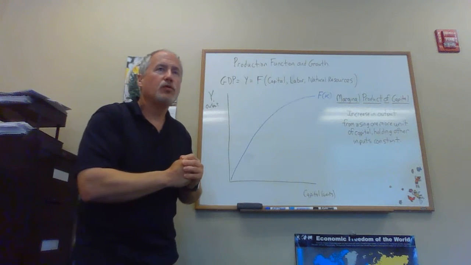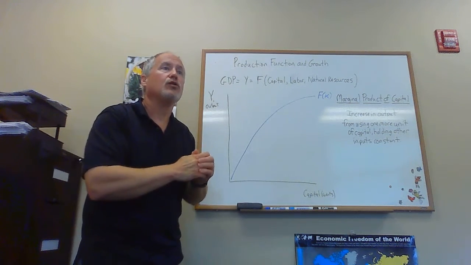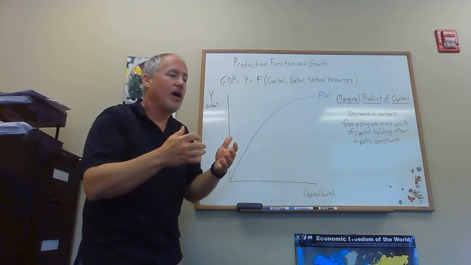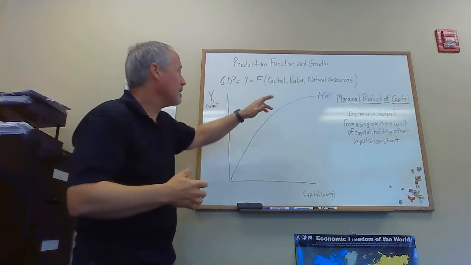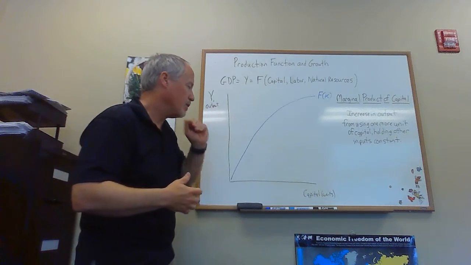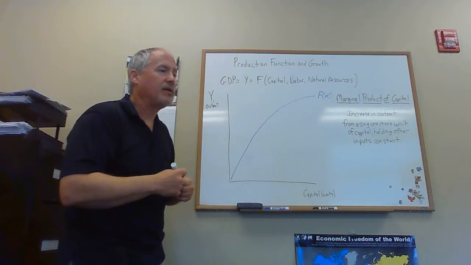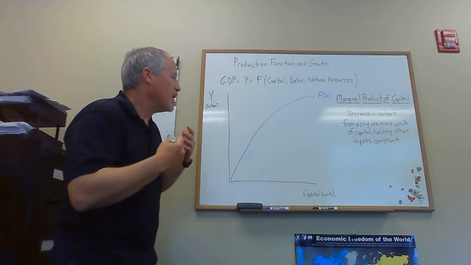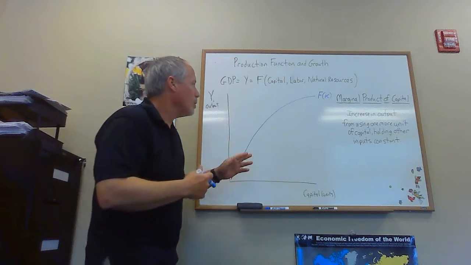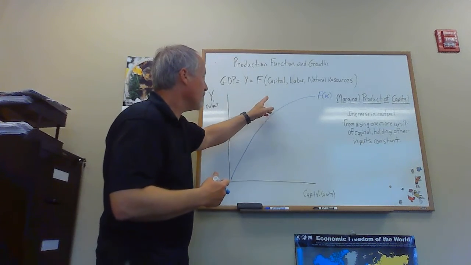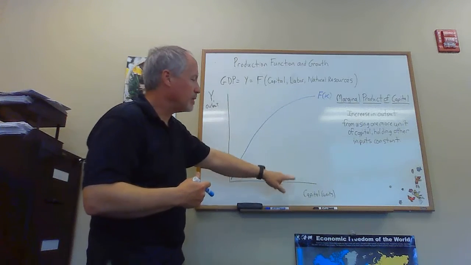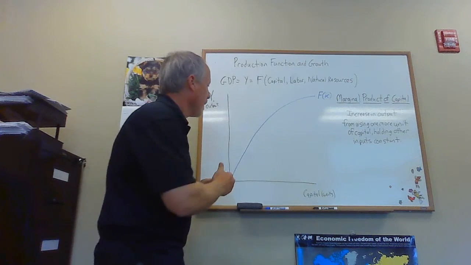Okay, so suppose that we end up having growth, that we end up having better technology. Better technology is going to shift the production function. And one of the things we can show is how that would happen here in the graph. If we had better technology, we'd be able to, in effect, produce more output from a given amount of capital.